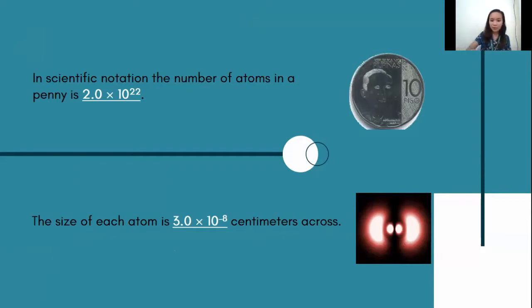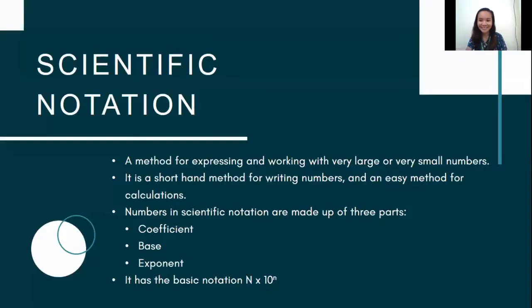So you can transform numbers like that into scientific notation, so it is easier for us to read. Okay, so we define scientific notation as a method for expressing and working with very large or very small numbers. It is a shorthand method for writing numbers and an easy method for calculation.